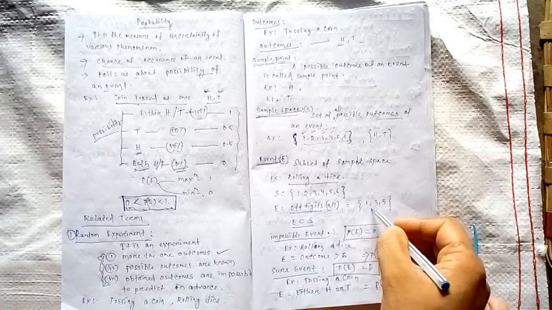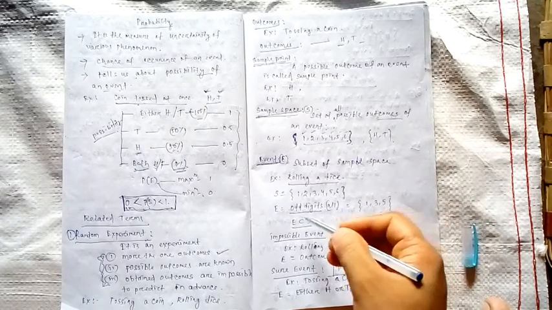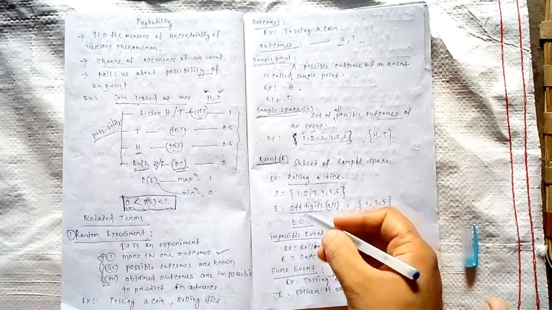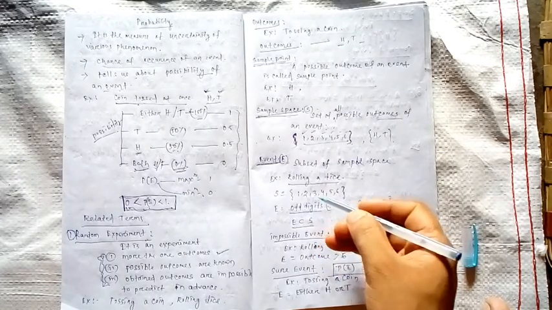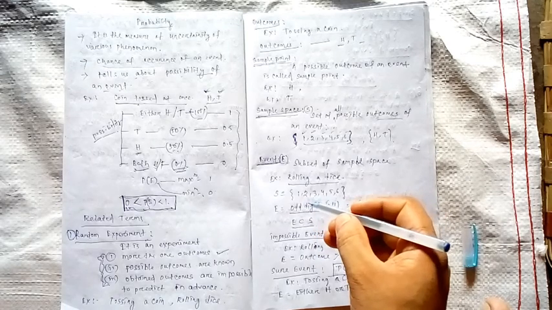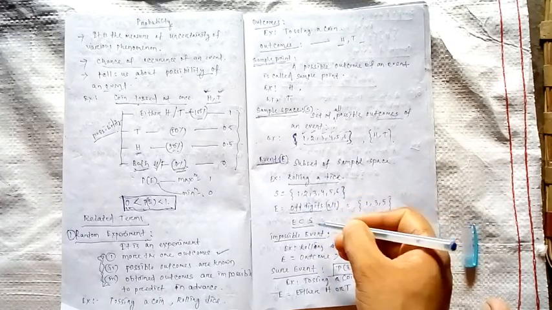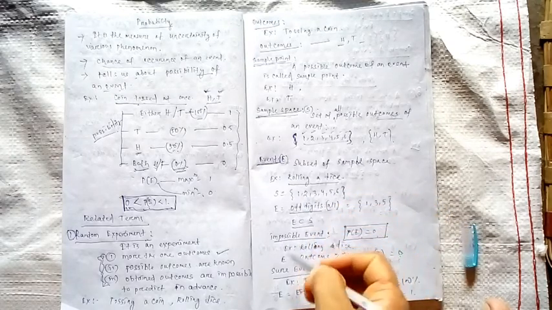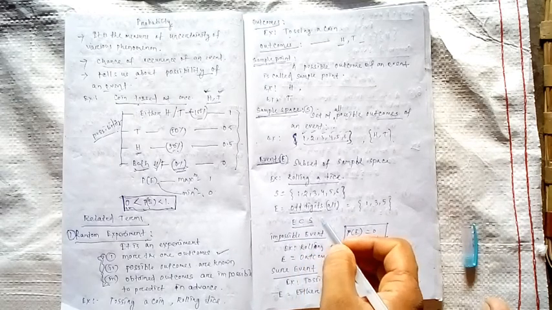That is 1, 3 and 5. This is called an event. In this way, we can say that event E is all even digits, or less than 4, less than 5, etc. In this way, we say that event is a subset of sample space.